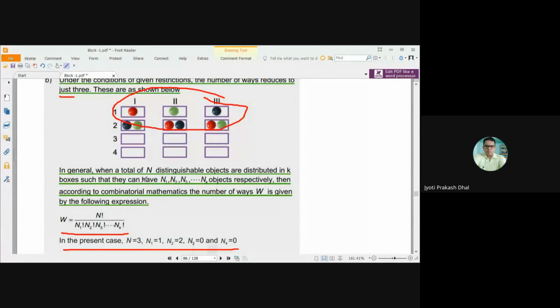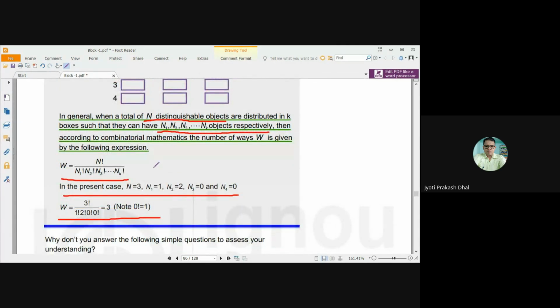So in general, consider n distinguishable objects, distinguishable means different objects. If n different objects are distributed in k boxes in such a way that n1, n2, n3 and nk objects are in the boxes respectively, then according to combinatorial mathematics, the number of ways W is given as W equals n factorial divided by n1 factorial into n2 factorial into n3 factorial into nk factorial.